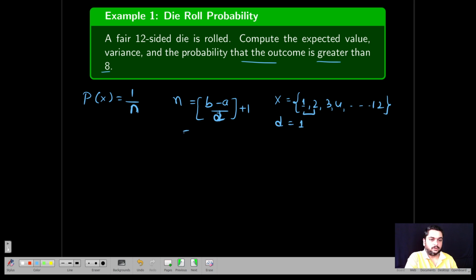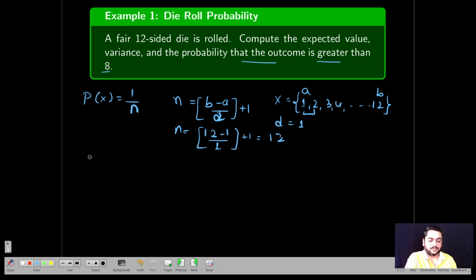So n will be equal to, a is 1, b is 12, the last number. So b minus a, that is 12 minus 1, divided by 1, plus 1. So this will be 12. So n comes to be 12, right? So the n value is found out.